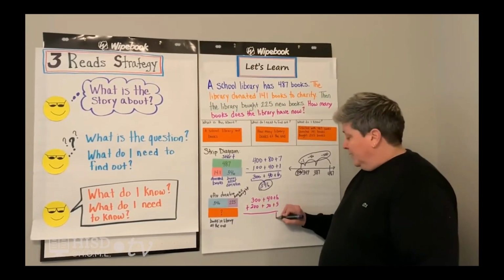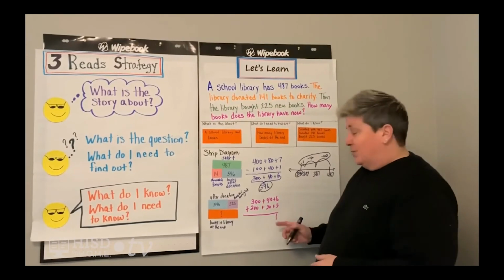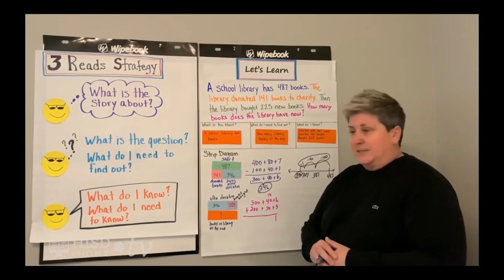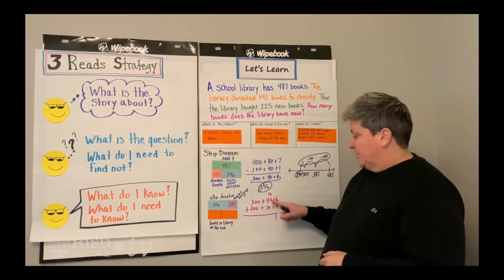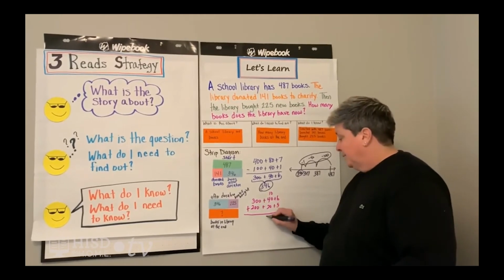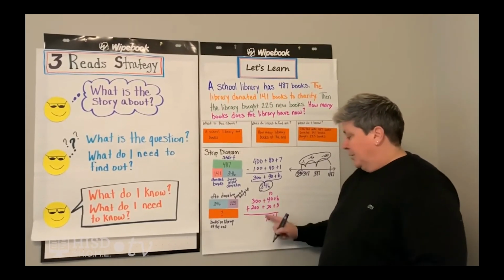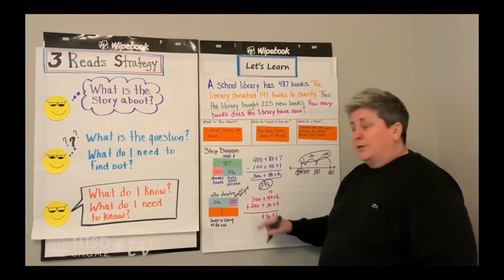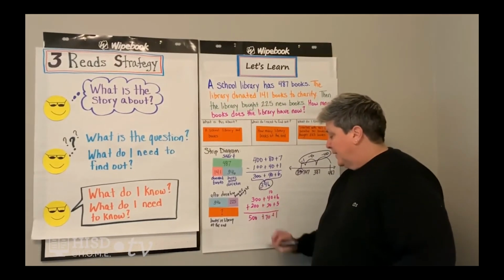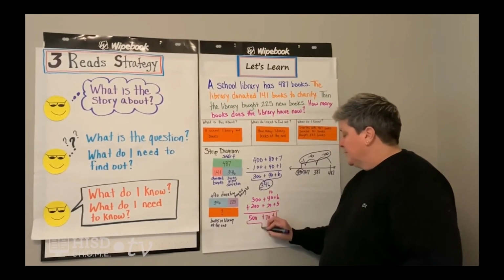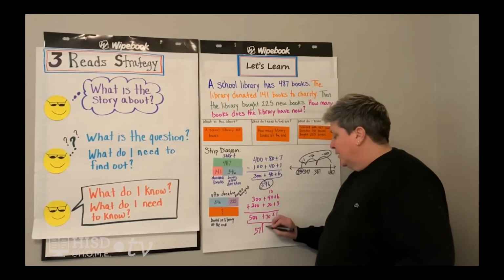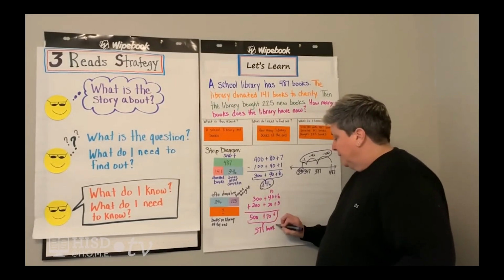So I'm going to leave my 1 group of 1 here, and I'm going to regroup the 10 groups of 1 to the 10. So 10 plus 40 is 50. 50 and 20 is 70. I don't need to regroup anything, and 300 and 200 is the same as 500. If I compose my values together, I have 571 books.